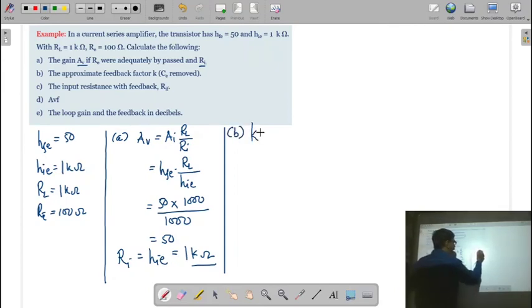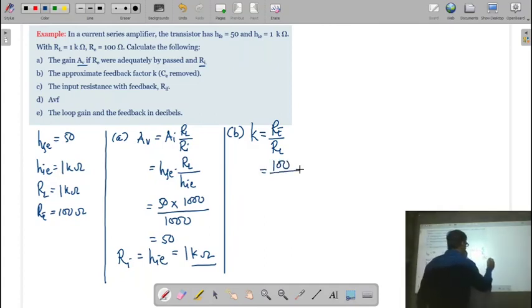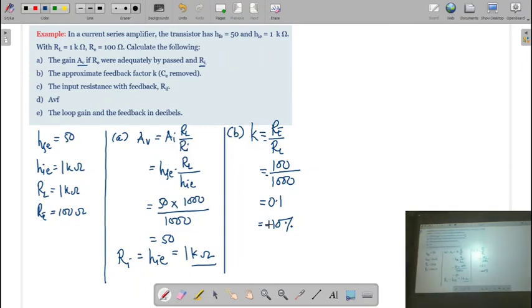B, that is K, and we have already derived this, the ratio of RE by RL. The value of RE is 100 ohm, RL is 1 kilo ohm, and therefore you can say it is 0.1. Correct? Or you can say 10%.